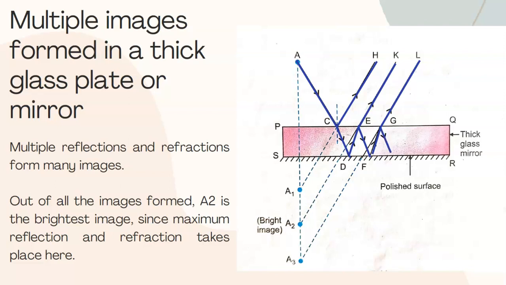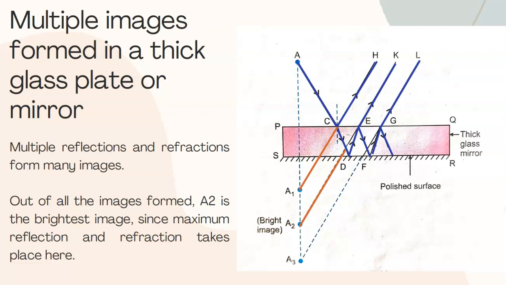is transmitted inside. If we keep following this process, we get multiple images formed behind this mirror. We can see here, if we extend these lines backwards, exactly in the line of the ray that is going out, if I extend this backward, I get the first image at A1. If I extend the second ray backward, we get the second image at A2.